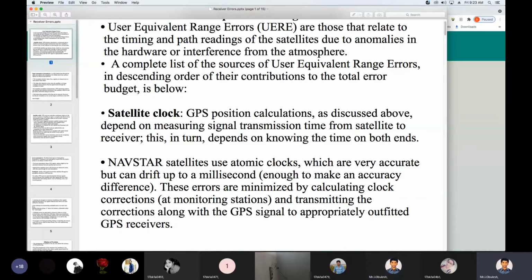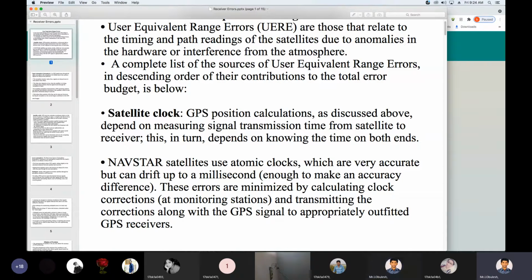Calculating GPS position depends on measuring signal transmission time from satellite to receiver. This in turn depends on knowing the time on both ends.